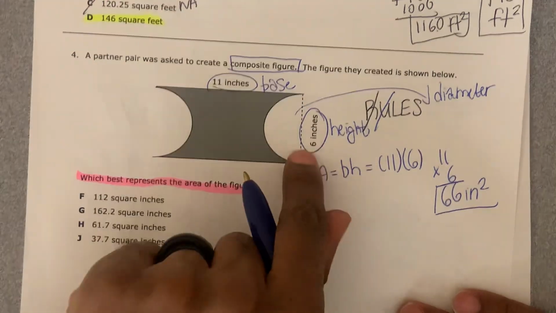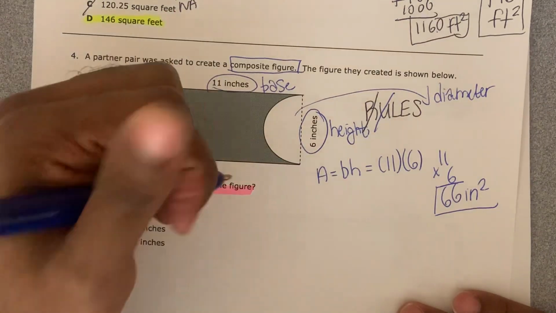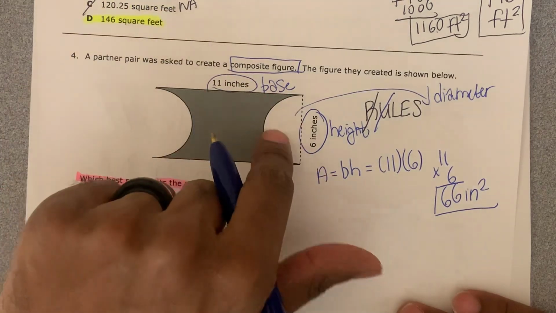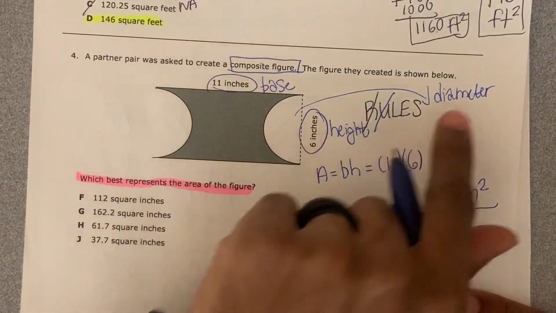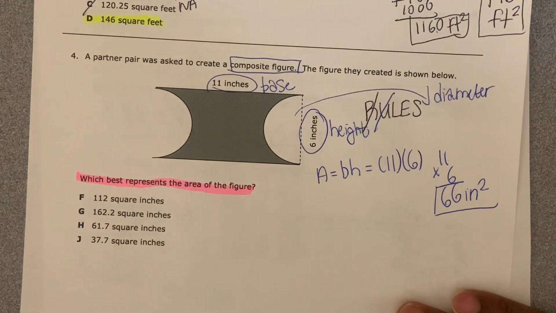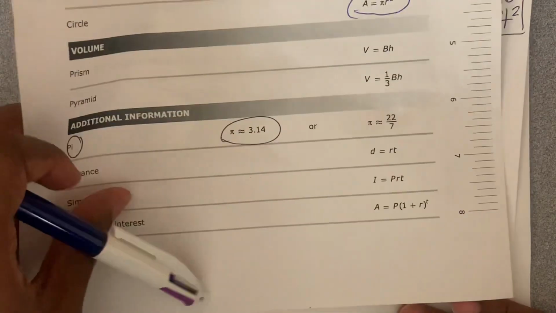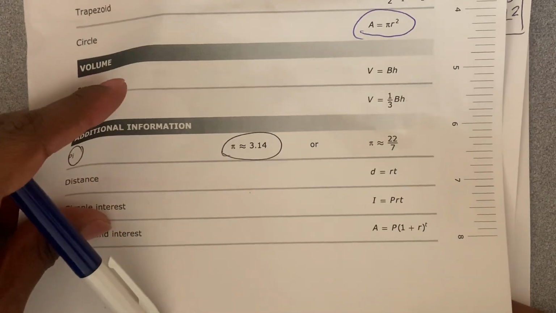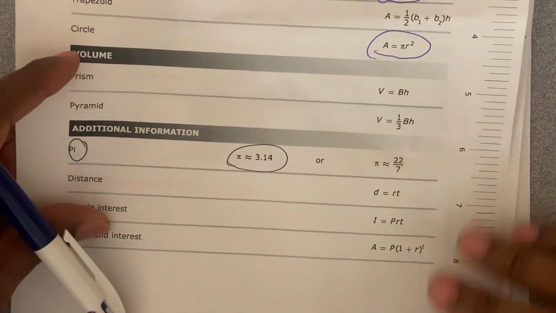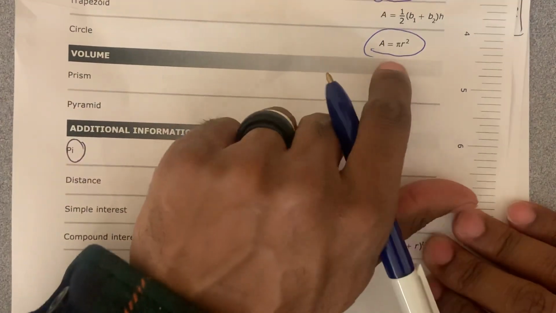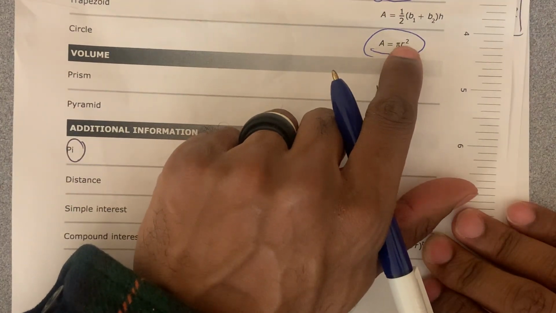Now I find the area of the semicircle. So if 6 is the diameter, I know that the area of a circle is going to be pi times the radius squared.